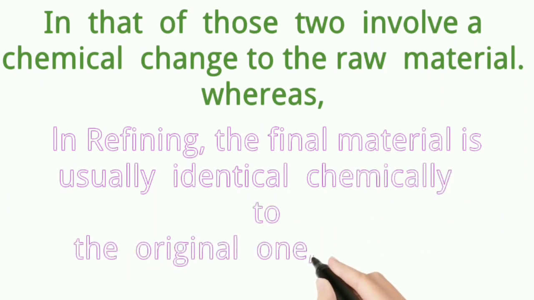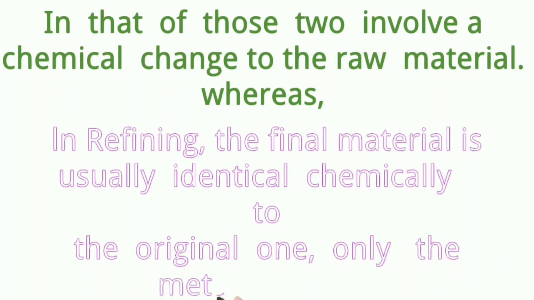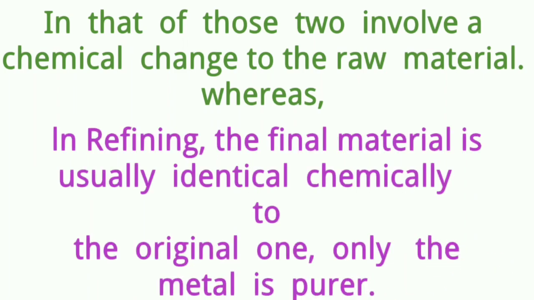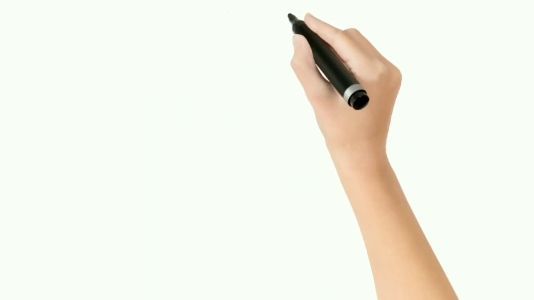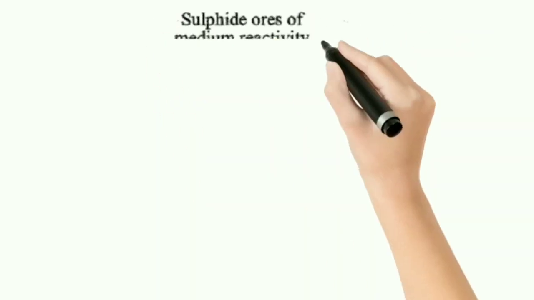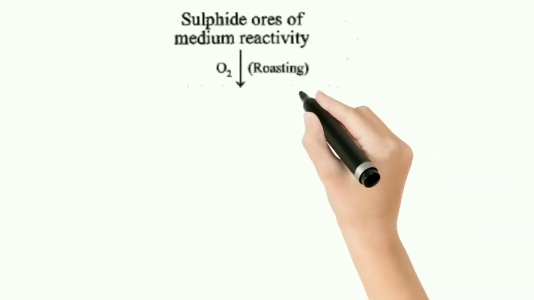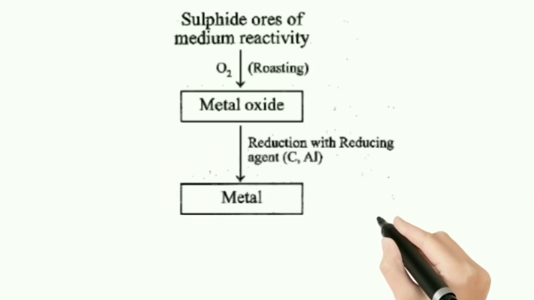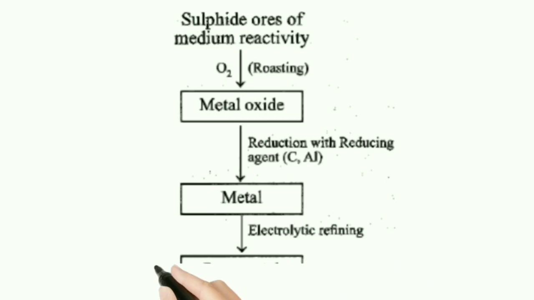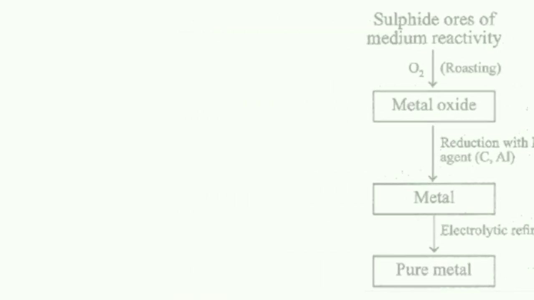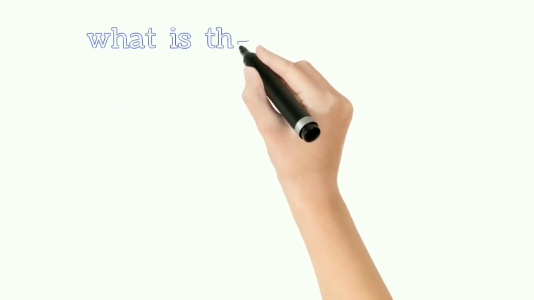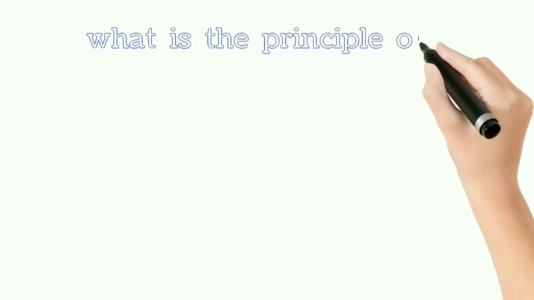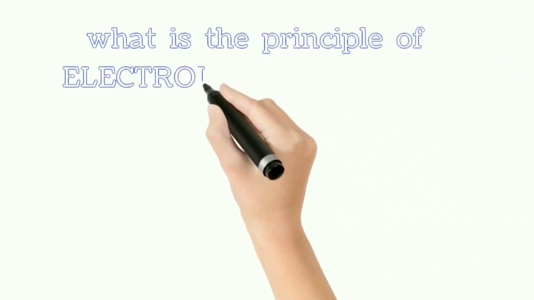So here we are getting a pure metal after the electrolytic refining. Now let us see what those conversions are. So ore is converted to metal oxide by roasting. By reduction the metal oxide is converted into metal, that is finally the crude metal is converted into pure metal by electrolytic refining. Let us see what is the principle of electrolytic refining.